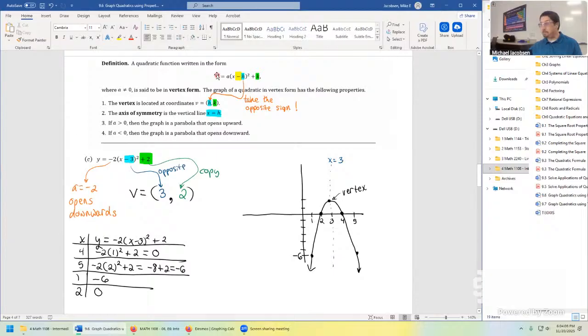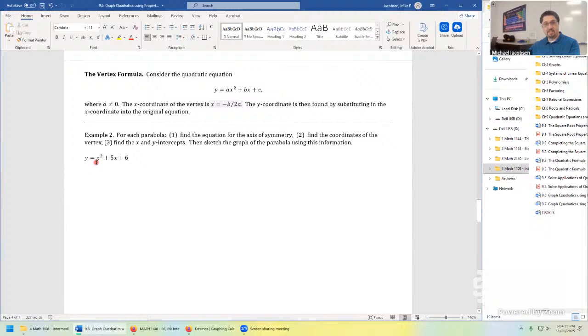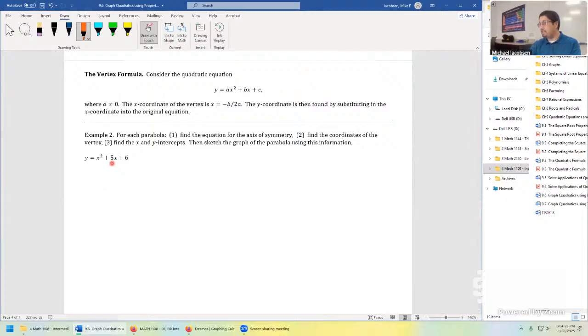And that's kind of unfortunate because now it's not as easy to identify where the vertex is. It's a little bit harder to get started on plotting. So that's what the next batch of problems are going to be all about. So there it is, all scrambled. This one is, as we see it, not in vertex form.